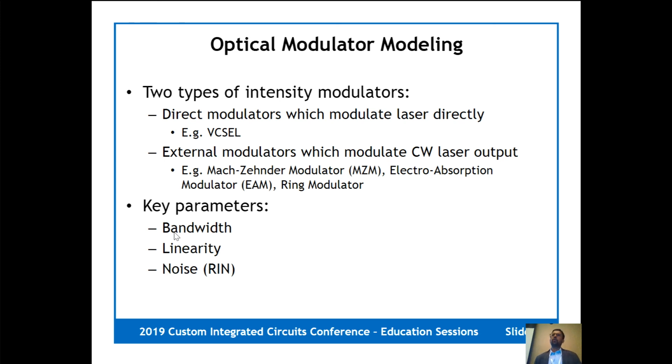And like we saw before, all these three have a strong impact on the TDECQ metric. But the standards allow different trade-offs to be made between these parameters. And with some equalization capability in the reference receiver, it's usually more important to constrain the nonlinearity and the noise than it is to extend the bandwidth of these modulators.